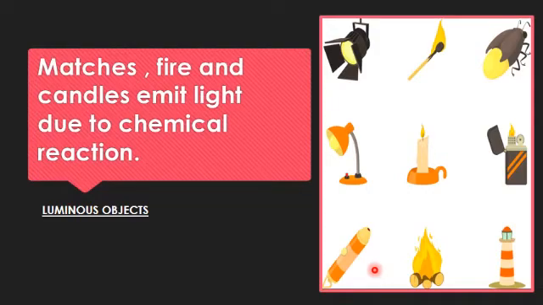The light produced in these objects is due to chemical reactions in them. That is why, due to these chemical reactions, these objects are able to give us light on their own, and that is why we can call them luminous objects. So luminous objects are the objects which can give their own light, and there is some reason for giving that light.